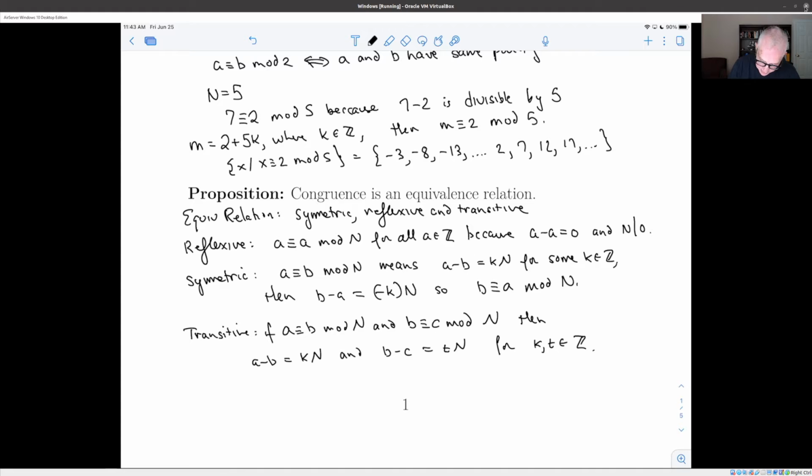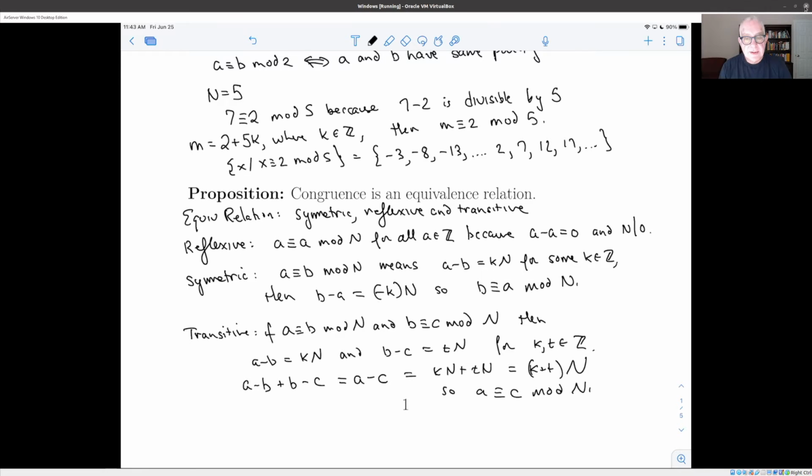And then if you look at a minus b plus b minus c, well, on the one hand, that's equal to a minus c, but it's also equal to kn plus tn, which is k plus t times n, which is a multiple of n. So a is congruent to c mod n. And that's the transitive property. So the congruence relation is an equivalence relation.